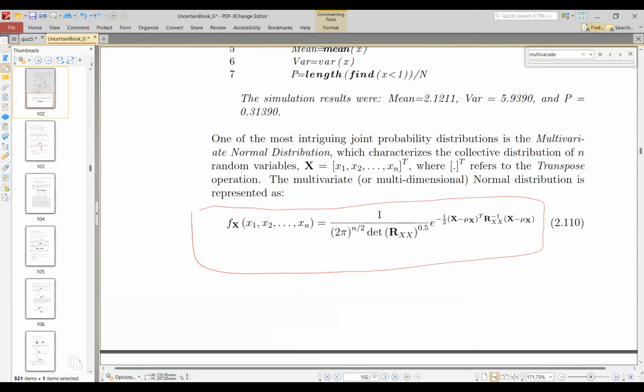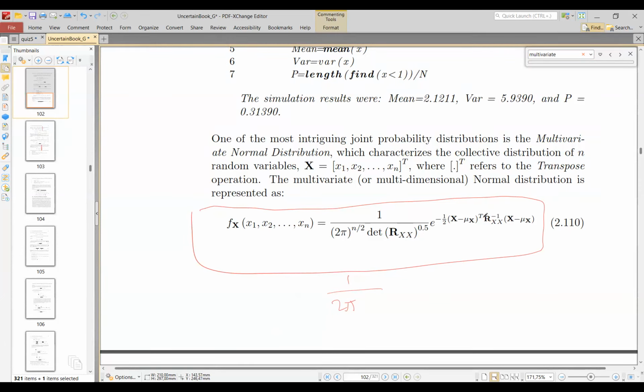So the first thing I will have is 1 divided by 2 pi times the determinant of Rxx to the power of 0.5, times e to the power of minus half (x minus mu x) transpose times Rxx inverse times (x minus mu x).